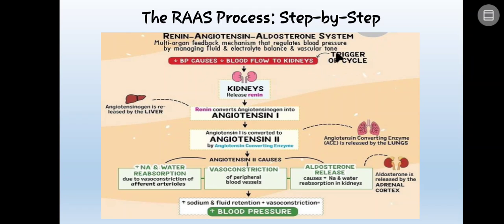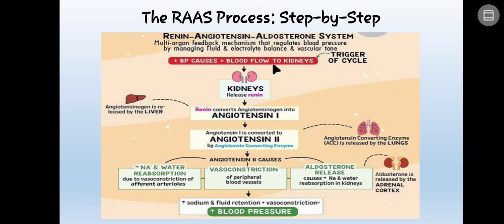When there is low filtration, a reduced amount of sodium reaches the distal tubules. The macula densa cells there sense the reduced sodium concentration and send a signal to the juxtaglomerular cells to release renin.